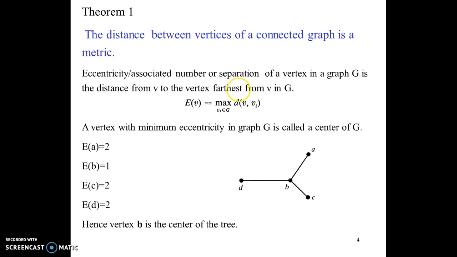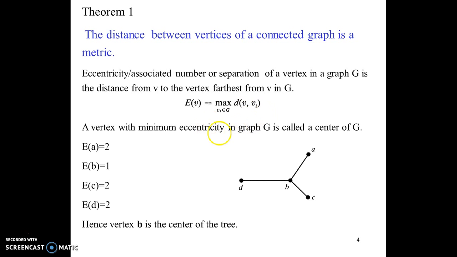The definition of eccentricity is given by E(V), the distance from the vertex V to the vertex furthest from V in a given graph G. We need to find the maximum distance from the particular vertex V to the faraway vertex in the graph G.